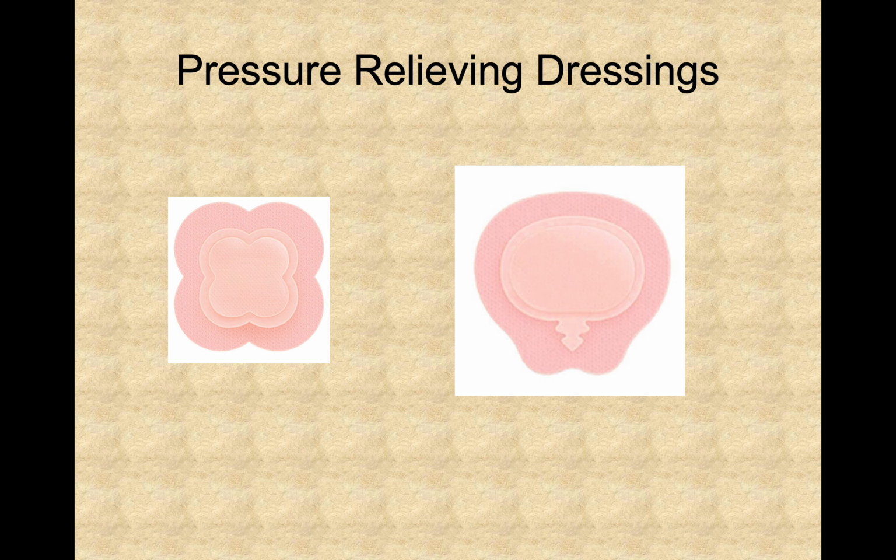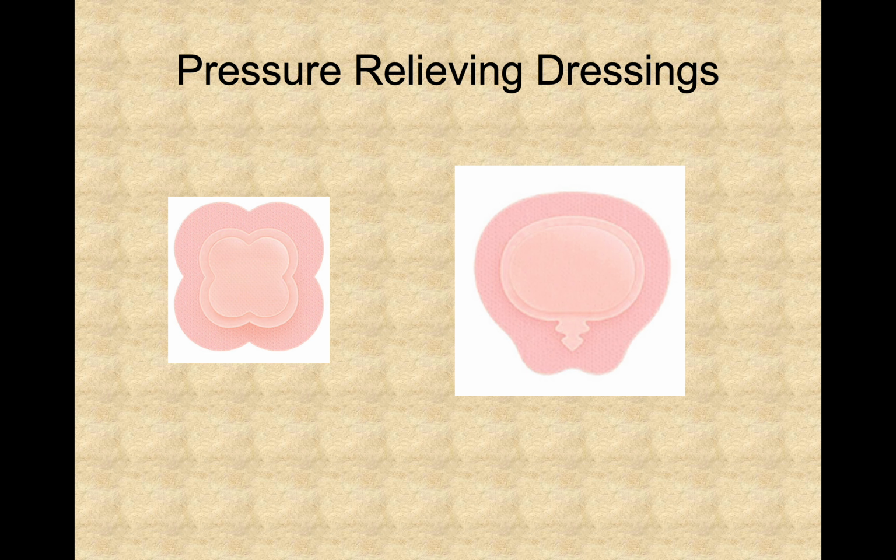We can use these preventatively just to provide a little bit of extra pressure relief to that location. I've placed these on lots of bony prominences on patients, whether it be their sacrum or their elbow or their heel, or whatever area I'm concerned about.